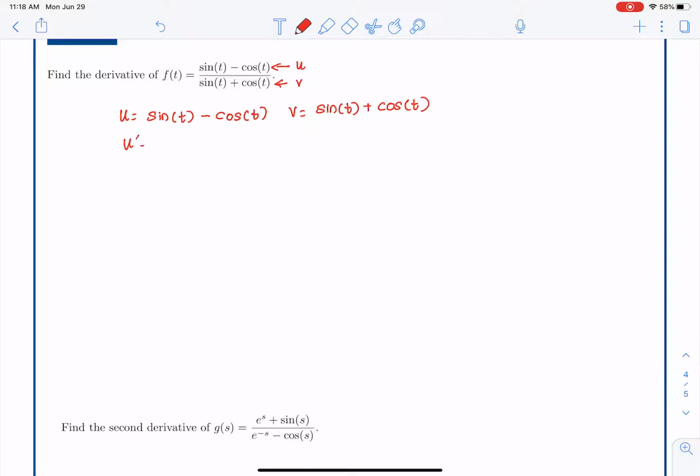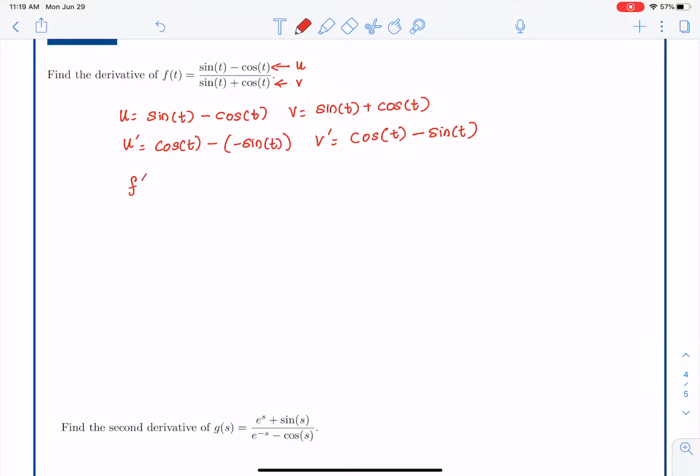U prime is cosine t, derivative of sine t is cosine t, derivative of cosine t is negative sine t. V prime, derivative of sine t is cosine t, derivative of cosine t is negative sine t.